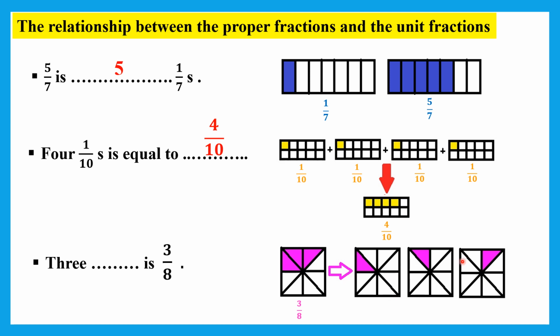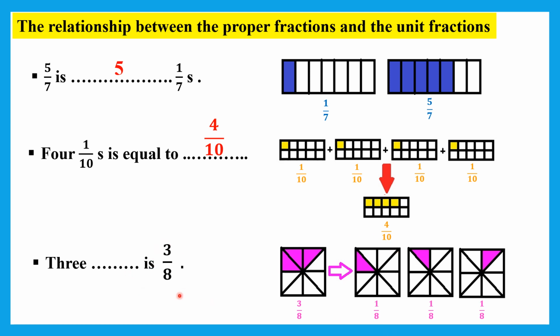So these fractions are equal to 1/8. 1/8, 1/8, and 1/8. Now you can see these 3 fractions are equal, and there are 3 fractions. So the suitable answer is 3. What is 3?